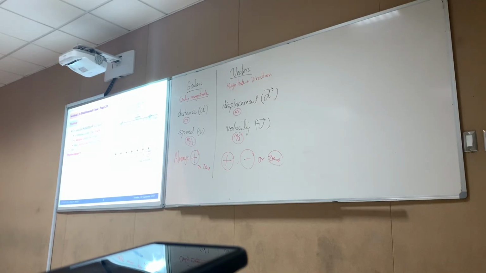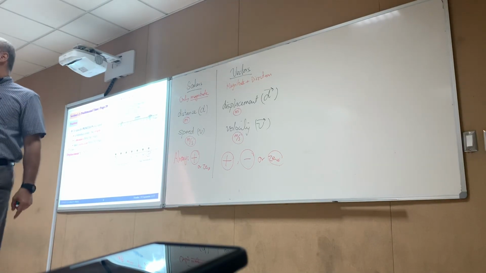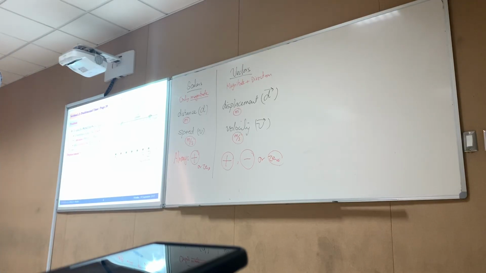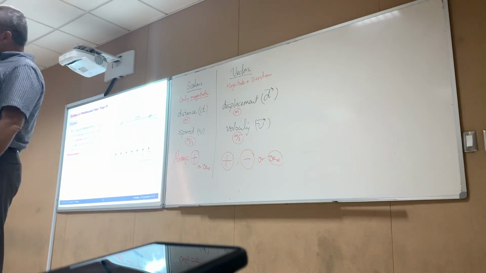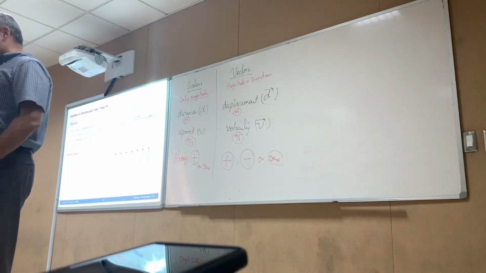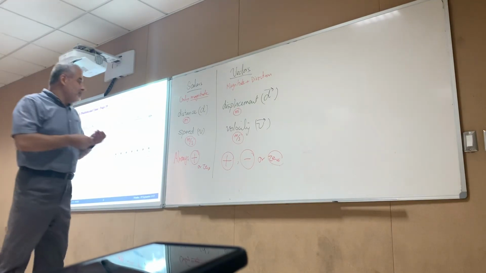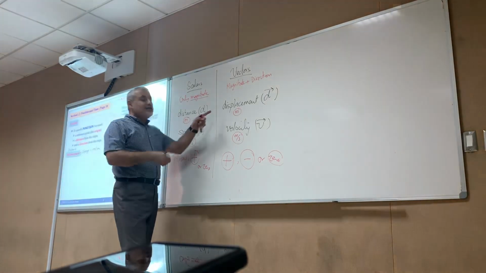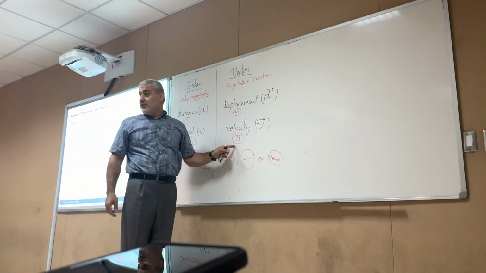If we say, for example, the displacement is -5, it means the displacement is 5, but to the left. If I say velocity is -50 kilometers per hour, it means velocity 50, for example, downward. So be careful: always this is positive and this could be positive or negative.